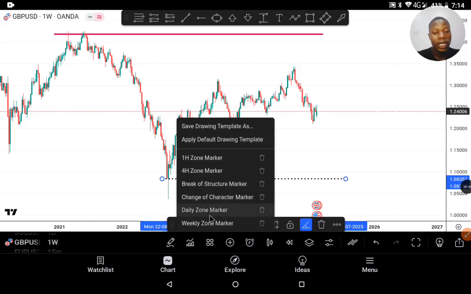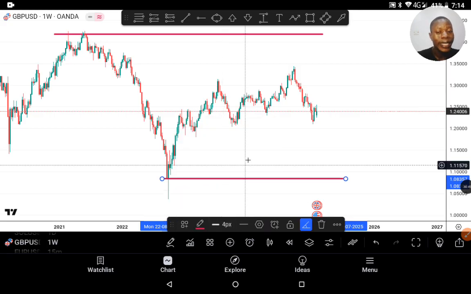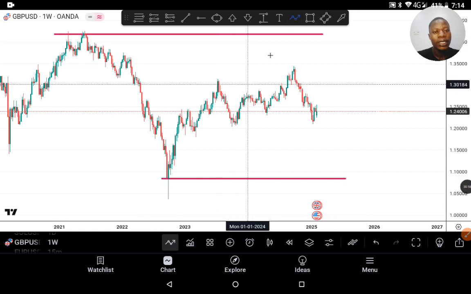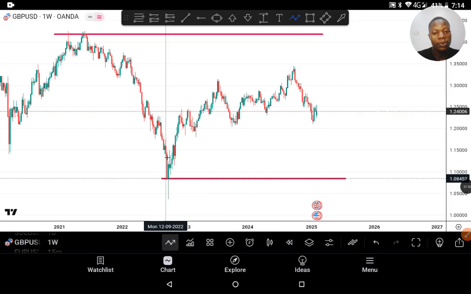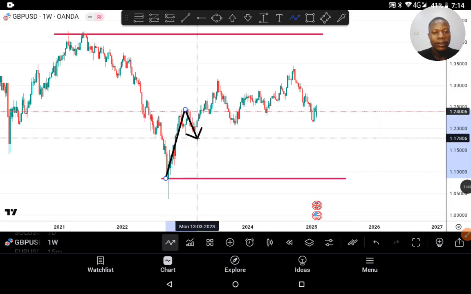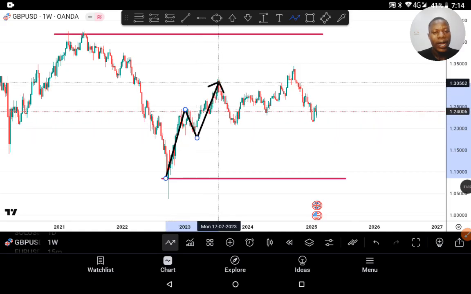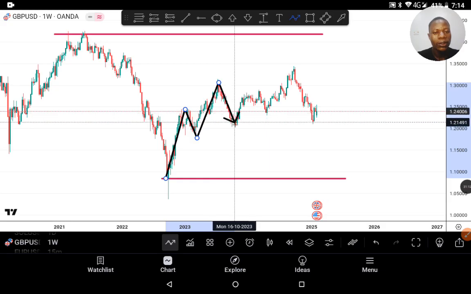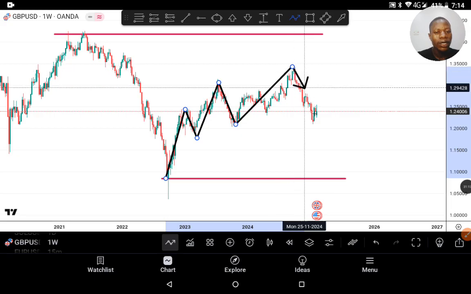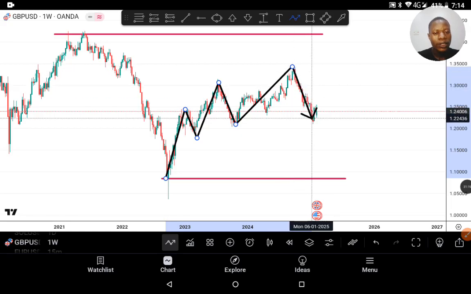There's something called top down analysis. When we get there, it will be easier for you to understand why I'm starting on weekly. So after that, what are we at in the market? Since the push from this bottom, we had this up, down, higher high, higher low, higher high, and now the market is giving us the same low.